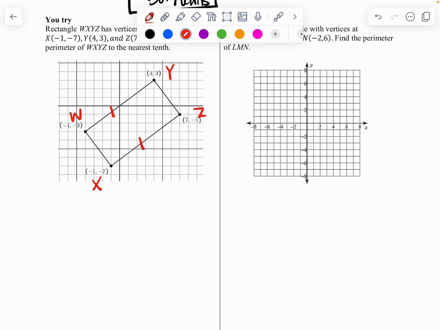So again, these two sides are congruent and these two sides are congruent, so I only have to find YZ, and then I'm going to find WY, because then I can just multiply by 2.